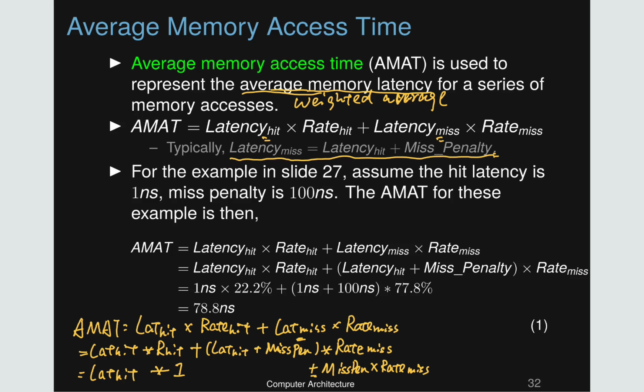And consider the previous example. If the hit latency is 1 nanosecond and miss penalty is 100 nanoseconds, what is the average memory access time for the previous example?